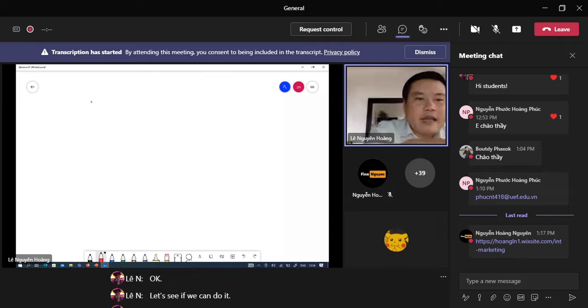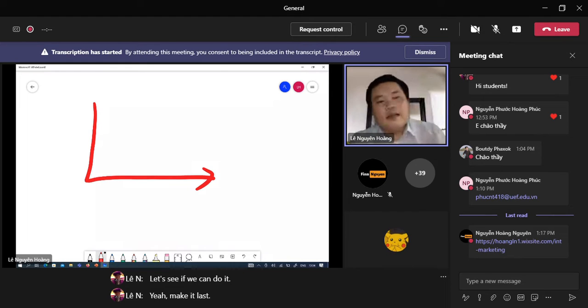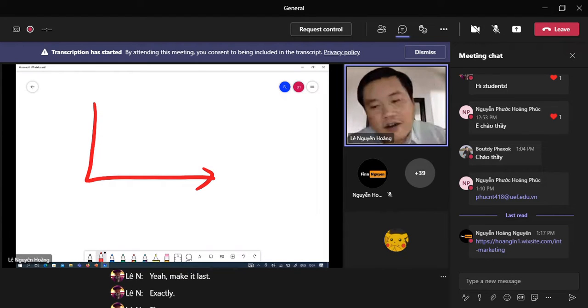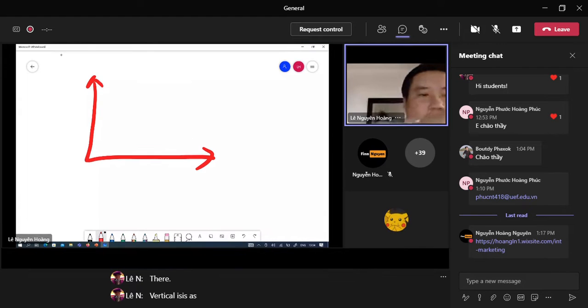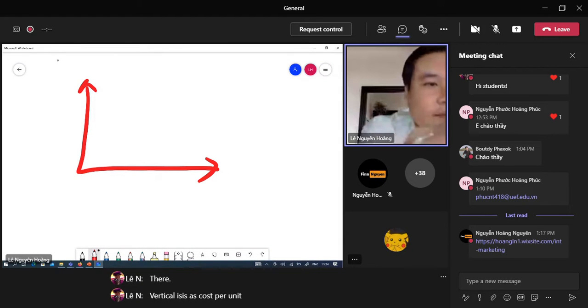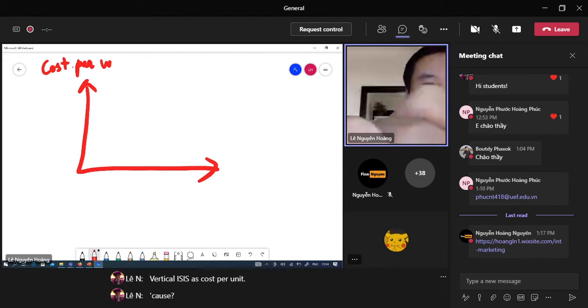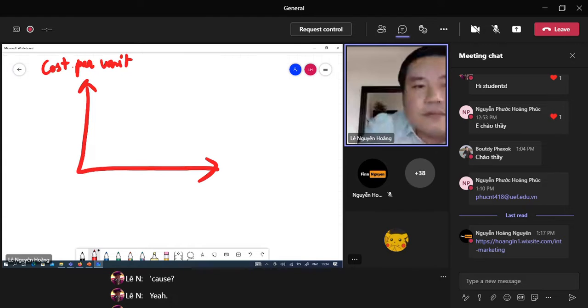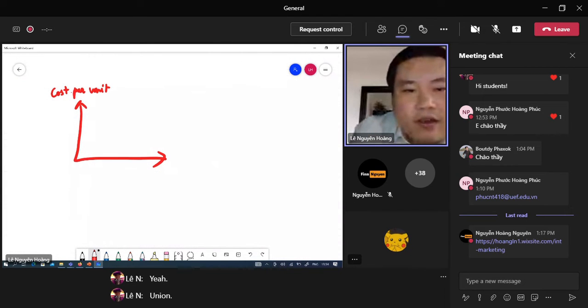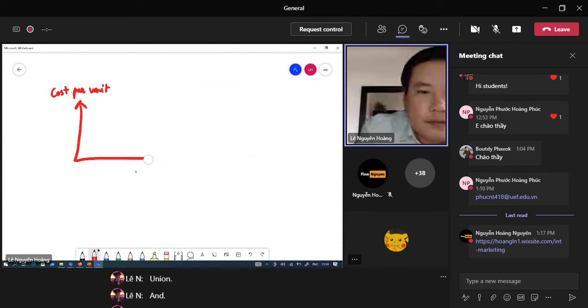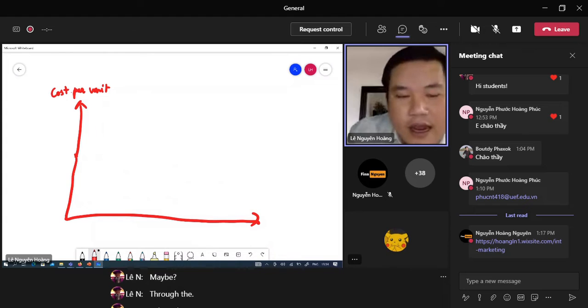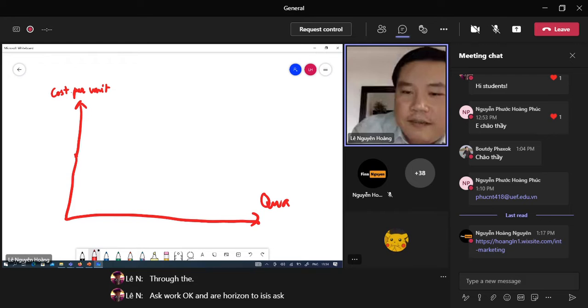Now, okay, let's take the vertical axis as cost per unit, and the horizontal axis as quantity.